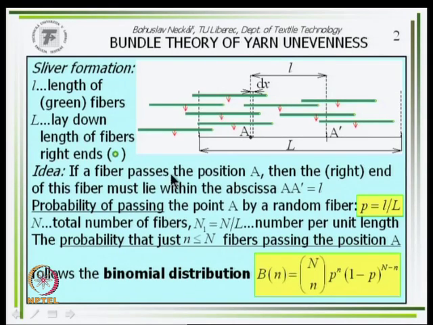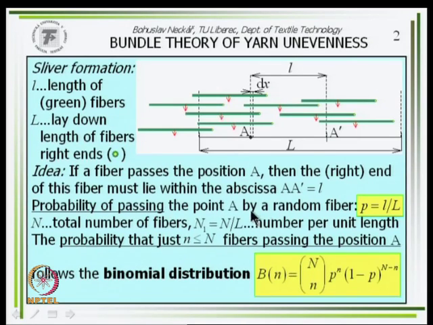If a fiber passes the position A, then the right end of this fiber must lie within the abscissa, within the part from A to A dash. Is it shown? If a fiber like this has its right end in the distance from A to A dash, then it covers the point A or elemental interval here. When not, for example this fiber, then it doesn't cover our point A.